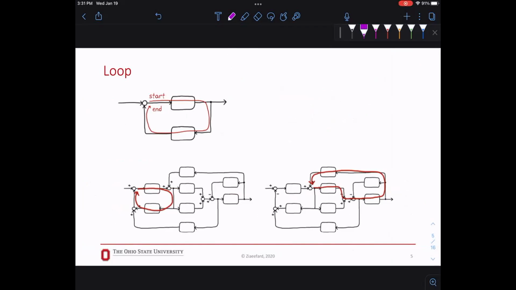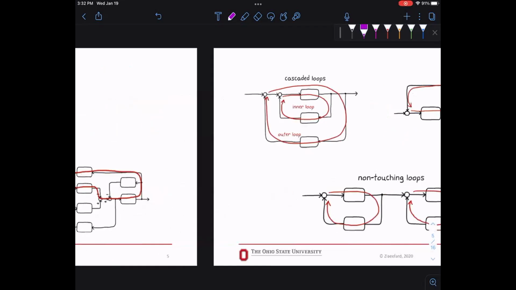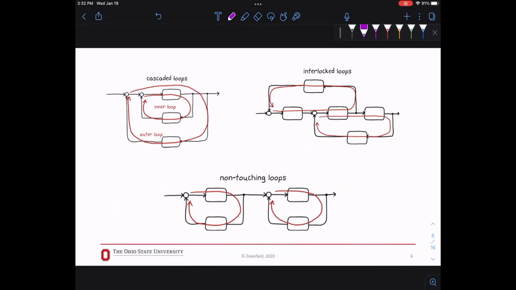So we have different loops. Loops start from 1 point and go back to that starting point, but following the direction of the arrows. You cannot go against the arrow. You're following the signal. You can have cascaded loops that have the same start and the same end. You can have interlocking loops that have 1 or 2 blocks in common, right?